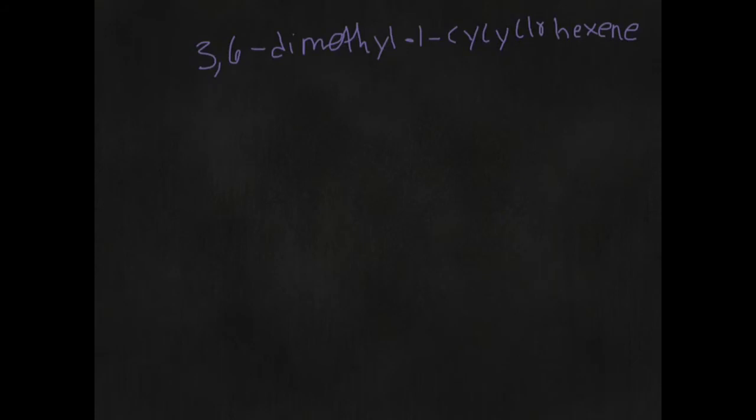Now for this one, we know 3 things already off the bat. In our 1 position, there's going to be a double bond. It's also going to be in a circle, so it's all connected, and there's going to be 6. So let's start off writing CH.